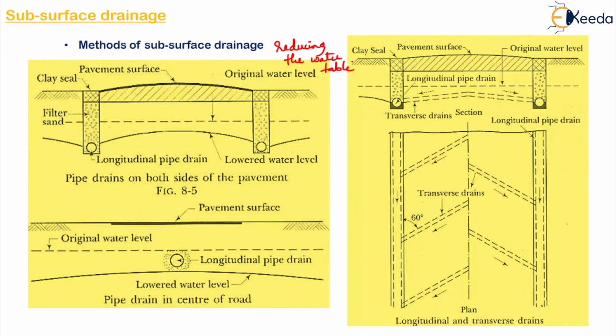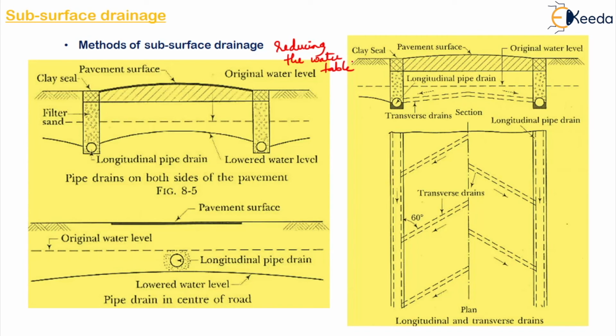Normally the pipe drains may be vitrified clay with open joints butting against each other, or they may be perforated at top. They may also be constructed of cement concrete or brick masonry with covering of perforated sheets.